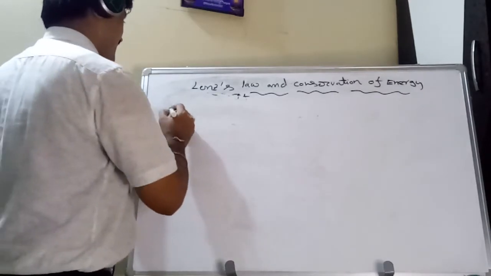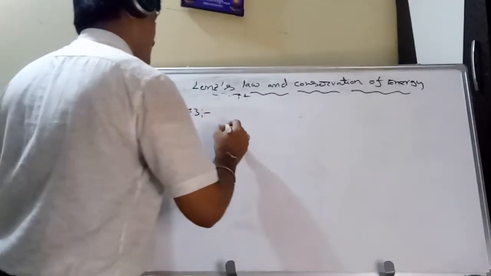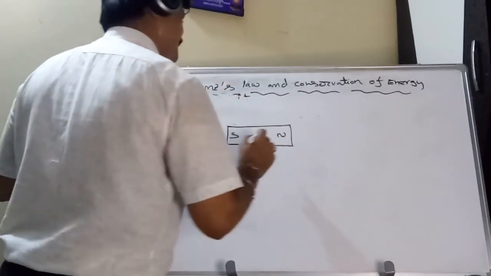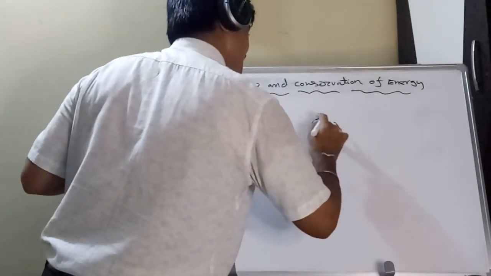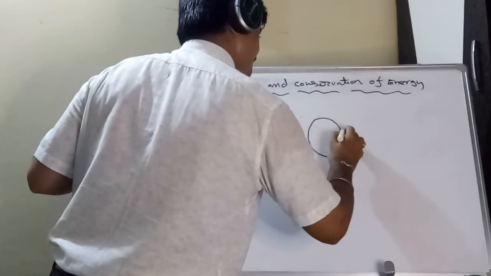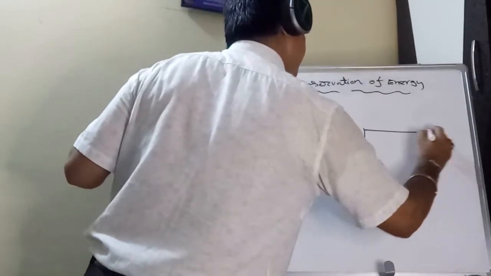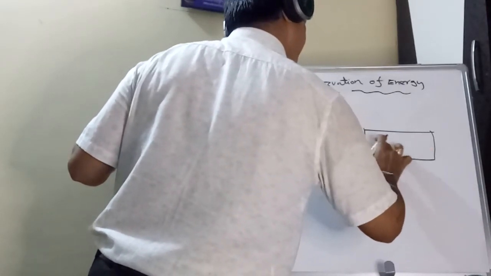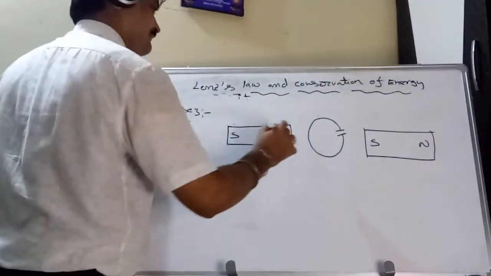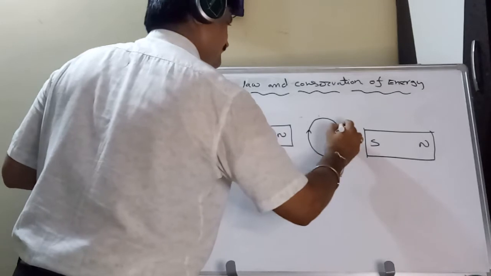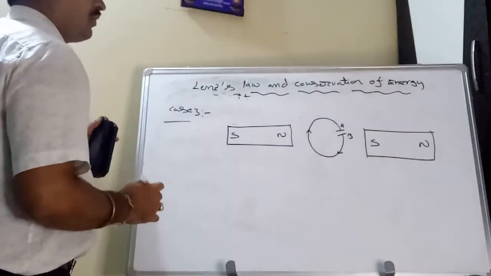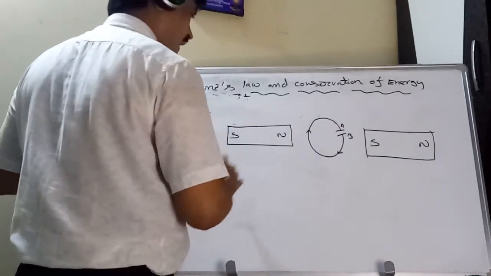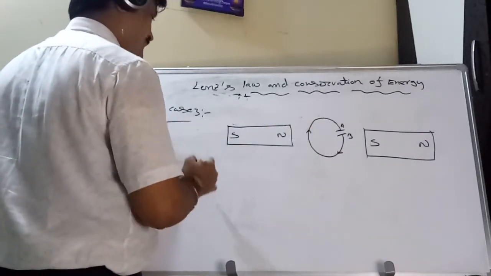Case 3: two magnets move perpendicular to the plane of the coil.